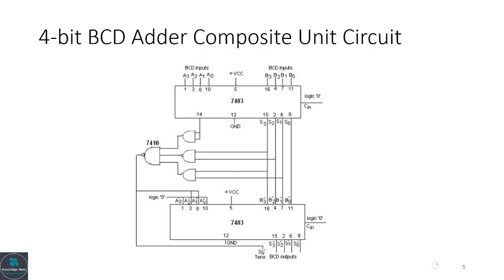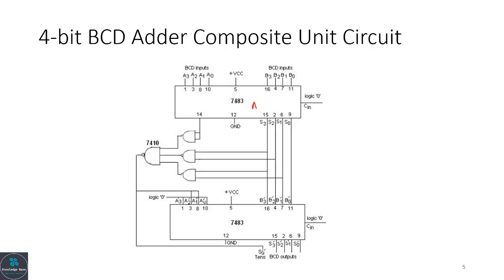So this is the circuit diagram of this BCD adder. Now, you can see that there are two 7483. This first 7483 will perform the addition of the two BCD numbers.